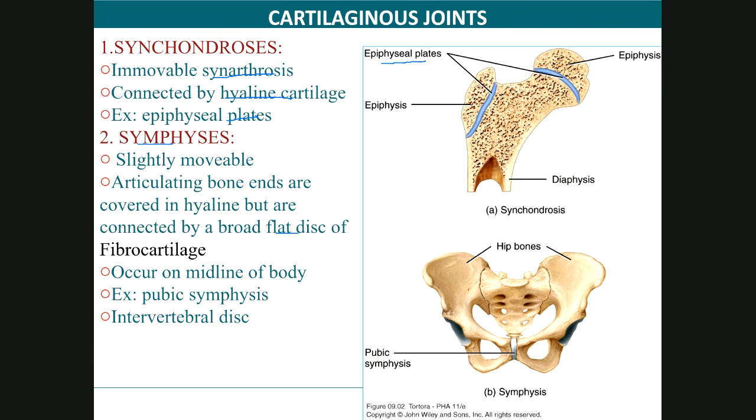So it's a different cartilage. And this always is going to occur in the middle of the body. An example of this is the pubic symphysis. It's a little disc that exists, in this case, between our pelvic bones. So this area is amphiarthrosis, so it's slightly movable. Another example of this would be at the intervertebral discs, and I'll show you what that looks like.